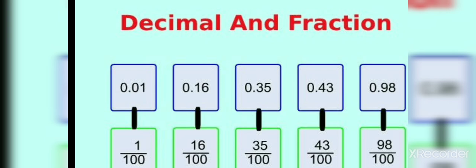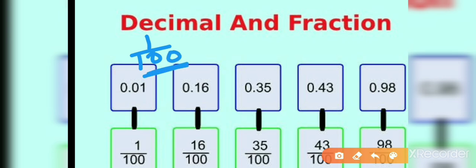Now look at this example. The fraction 1 by 100, we have to write it in the form of decimals. In the denominator we have 2 zeros, but the numerator has only one number. So we have to place the decimal point before two numbers because there are 2 zeros in the denominator.